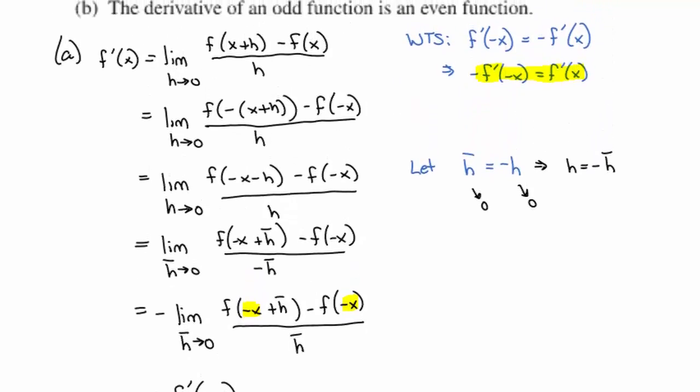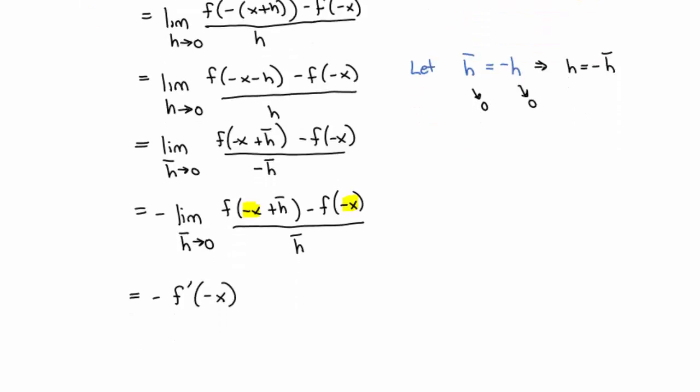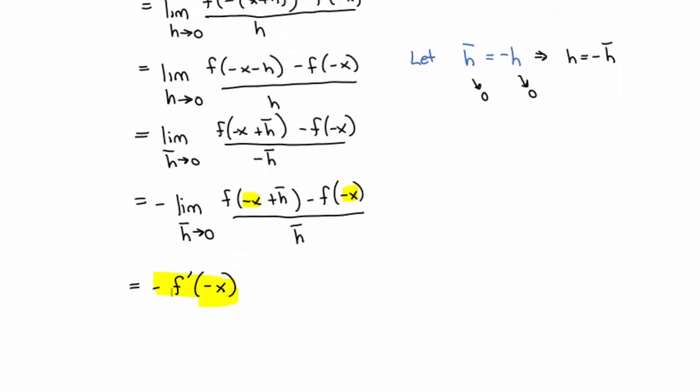We wanted to show that the derivative of f at negative x is the same thing as negative derivative of f of x. Or in other words, we want to show that the derivative of f at x is the same thing as the opposite of the derivative of f at negative x. And we've shown that the derivative of f at x is actually the opposite of the derivative of f at negative x.